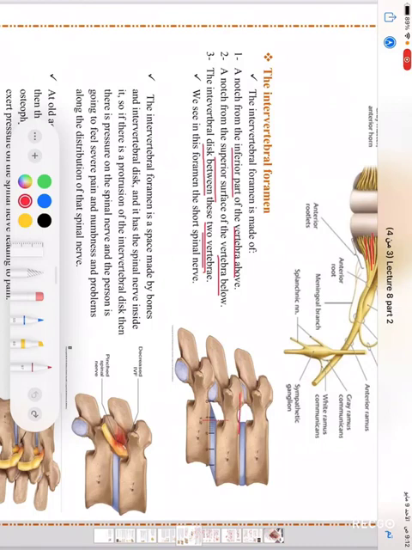Here we have the intervertebral disc between two vertebrae, and here the notch of the superior surface of the vertebra below.